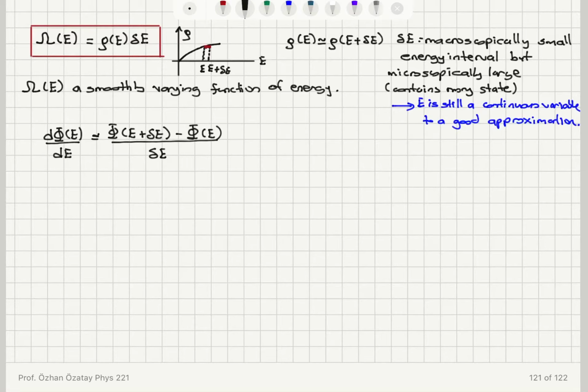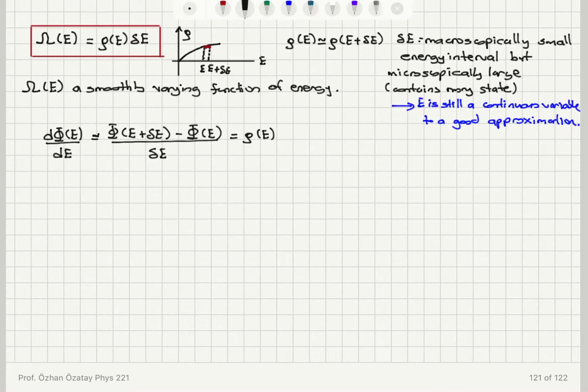So what am I doing here? I'm counting the total number of states for energies less than E plus delta E and subtracting the total number of states with energies less than E, so that I get the number of states in that energy interval, and divided by the energy interval, this gives me basically rho, the density of states.